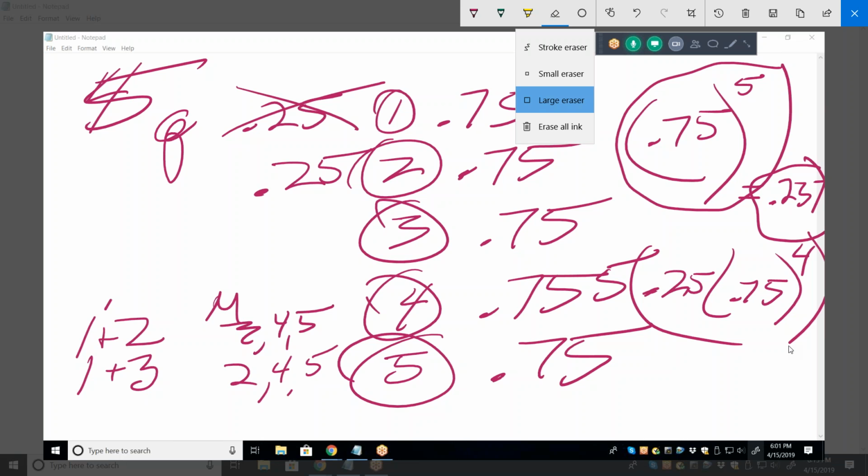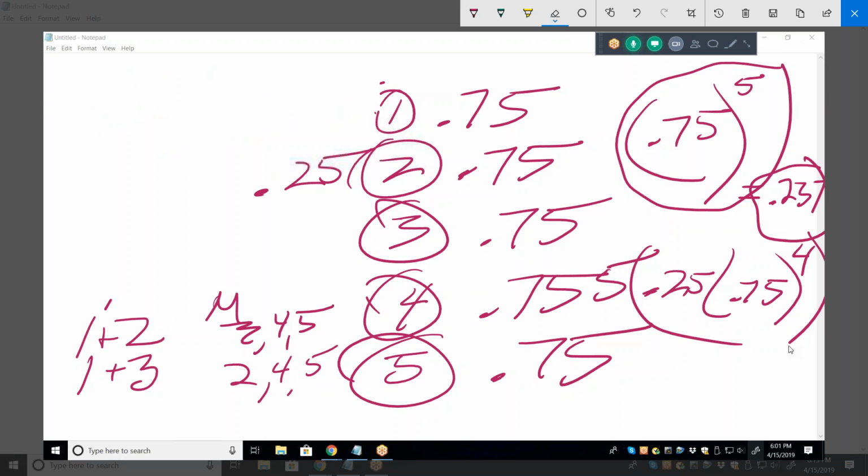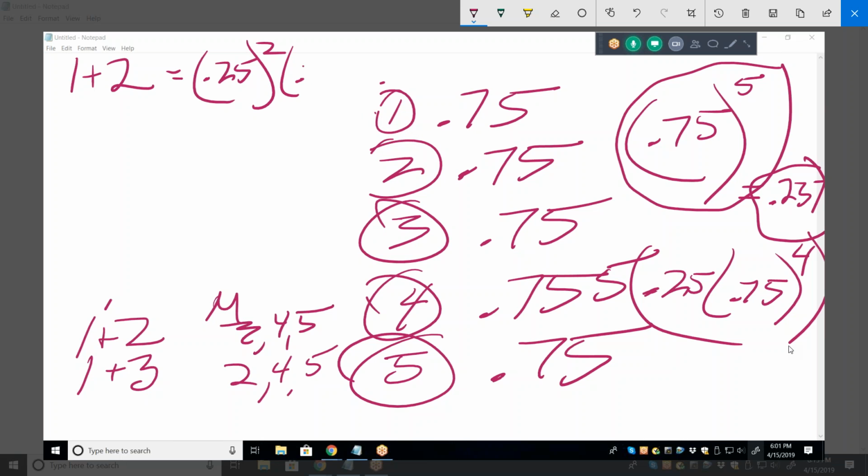Here, let's go up. Let me have some room here. So 1 plus 2 is one way to get 2 correct. We know that that is 0.25 squared times 0.75 cubed.